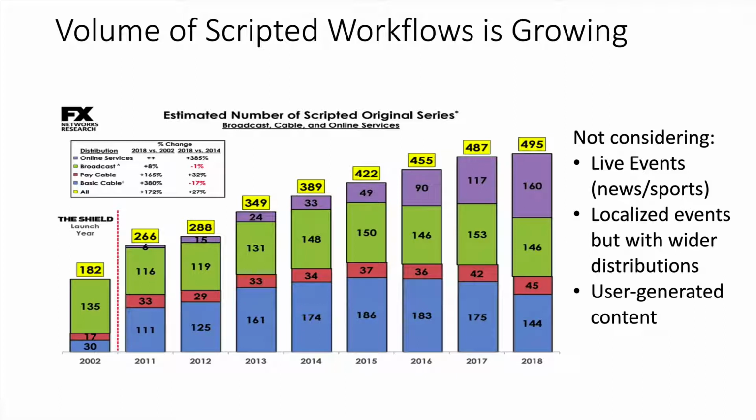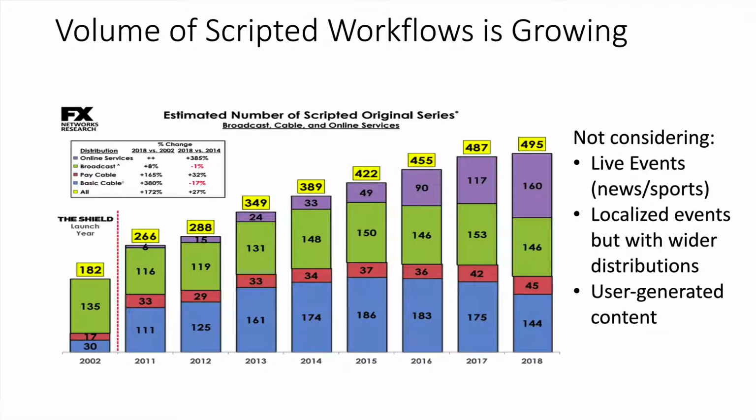Just to give an example of this, and this is from FX Network Research, the amount of scripted workflows has tremendously increased from about 266 episodic, scripted, and reality types of content in 2018 to 495, and this has increased all the way since 2020.